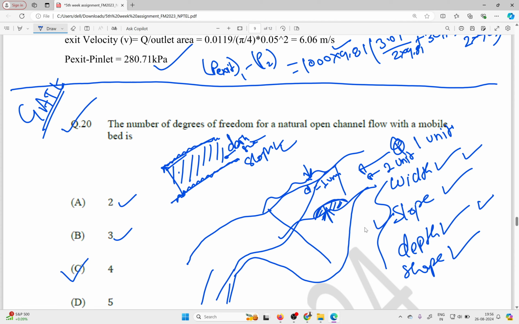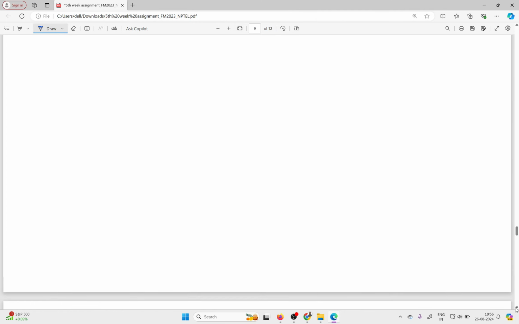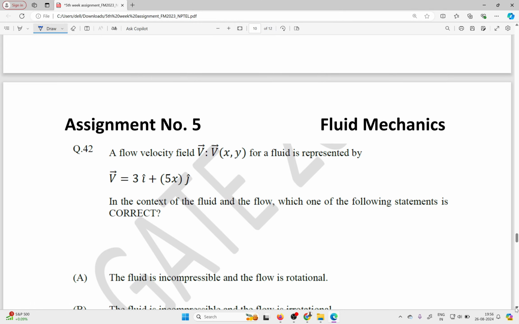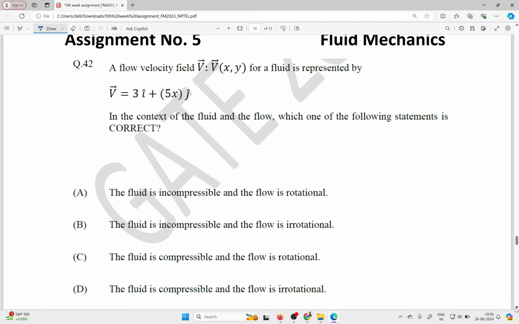Now the next question, this is the last question for today. The next question is very easy, from kinematics. If flow velocity is given as V = 3i + 5xj, in the context of fluid and the flow, which of the following statements is correct?